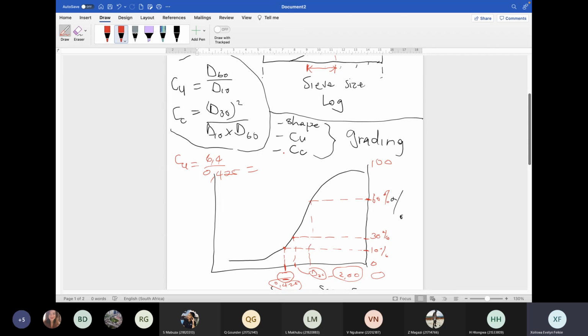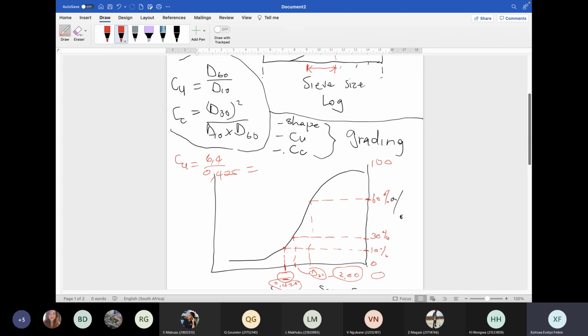So in terms of the grading of the soil, this is a section that we had not covered, and it's very, very important. Don't forget about it. It means that you need to go to your book, page 26, page 27, and look at it thoroughly. When you're reading through it or analyzing the diagrams, remember what you need to look at so that you don't have a problem when you're writing a test, because you will not have the book to refer to.